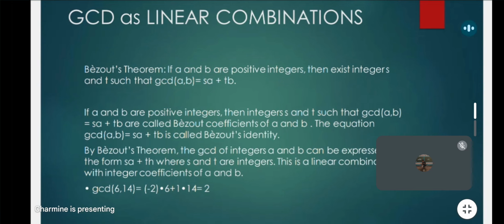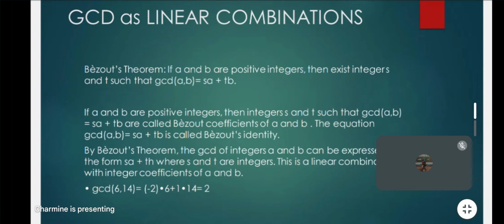If A and B are positive integers, then the integers S and T such that the greatest common divisor of A and B equals SA plus TB are called Bezout's coefficients of A and B. The equation giving the greatest common divisor of A and B equals SA plus TB is called Bezout's identity.